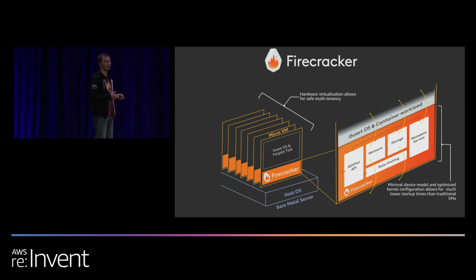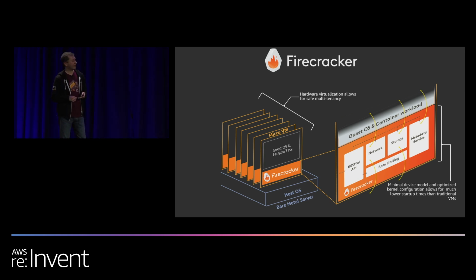Most cloud-native workloads do not care about traditional devices in the VM. So stripping them out gives us very fast startup times. Firecracker micro VMs can start running in a matter of milliseconds. And it also reduces our attack surface area.